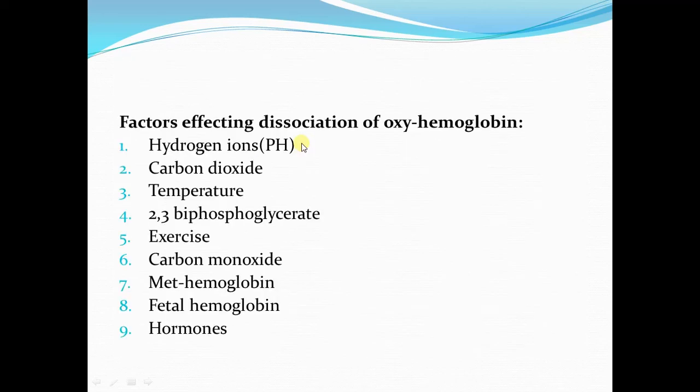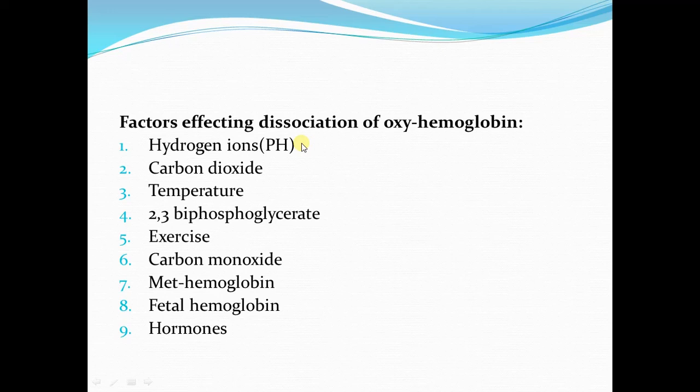Now we will move on to the factors affecting the dissociation of oxy-hemoglobin. There are several factors that affect the dissociation of oxygen from hemoglobin, and by doing so, they can cause a shift of the oxy-hemoglobin dissociation curve either to the left side or to the right side.